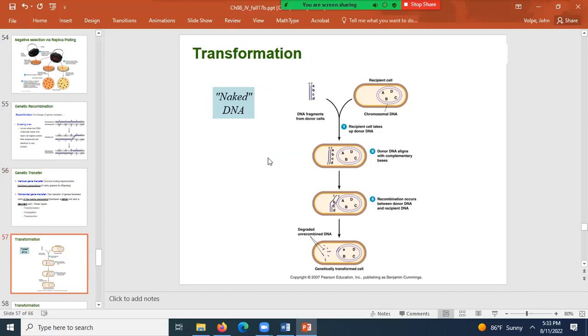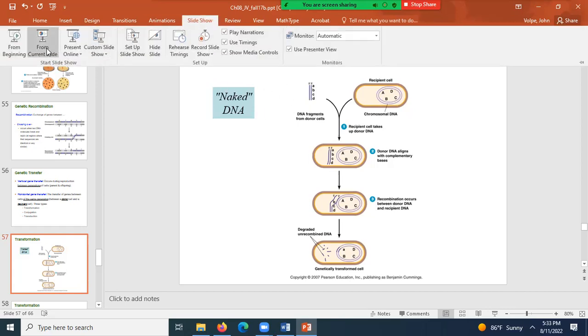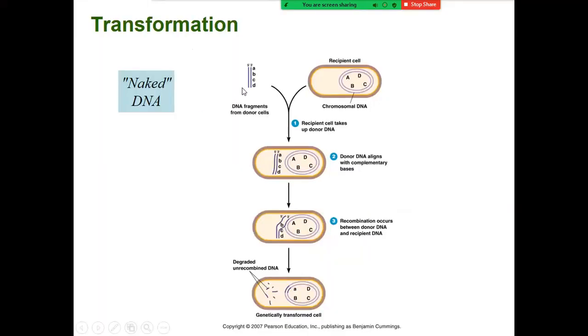Transformation is where DNA leaves one cell and then is naked DNA in the environment. And then that naked DNA is taken up by a recipient cell. So the DNA comes inside the recipient cell, and then the DNA can recombine with the chromosome, and then the new DNA can be expressed.